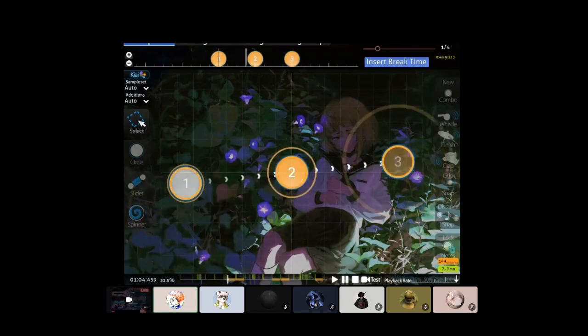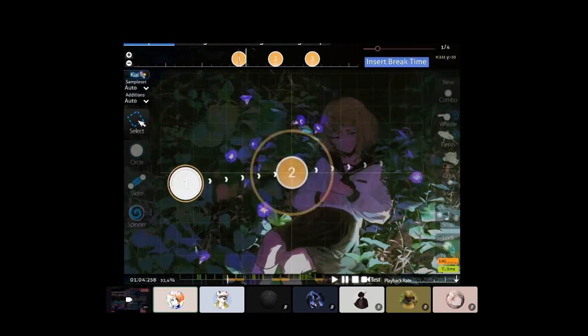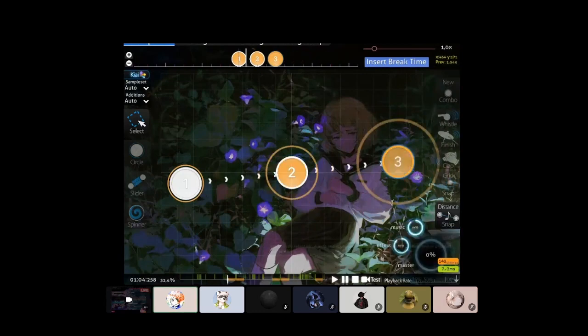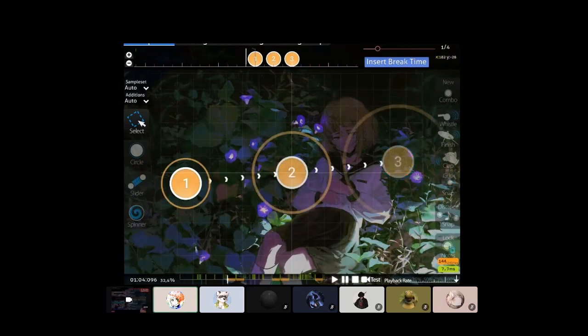Now, we could just analyze this in terms of flow aim. We could just say the player is moving from this object completely through towards 3. They just know the right speed at which to move, or something like that. This kind of opens up the question as to when do people decide to snap versus flow aim?